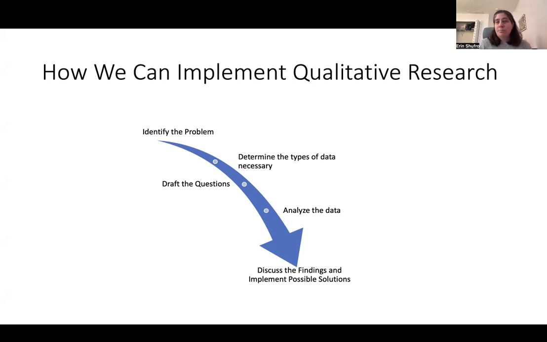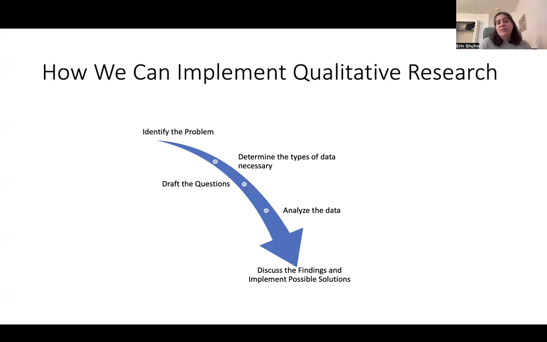Having multiple perspectives that are analyzing the data will help minimize the bias. If at all possible, perhaps we want to ensure that the participants have a chance to look over the data and tell us, is this really what you said? Is this really what you were trying to convey? So again, we want to analyze the data, and that sounds so simple on the surface, but it's really not.